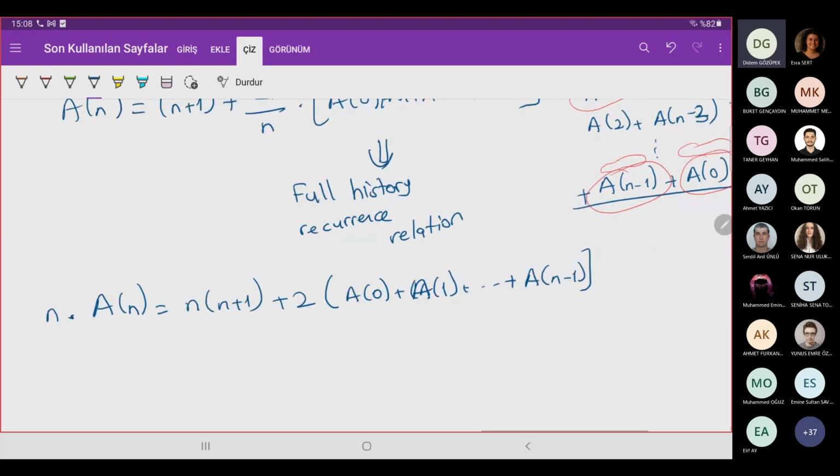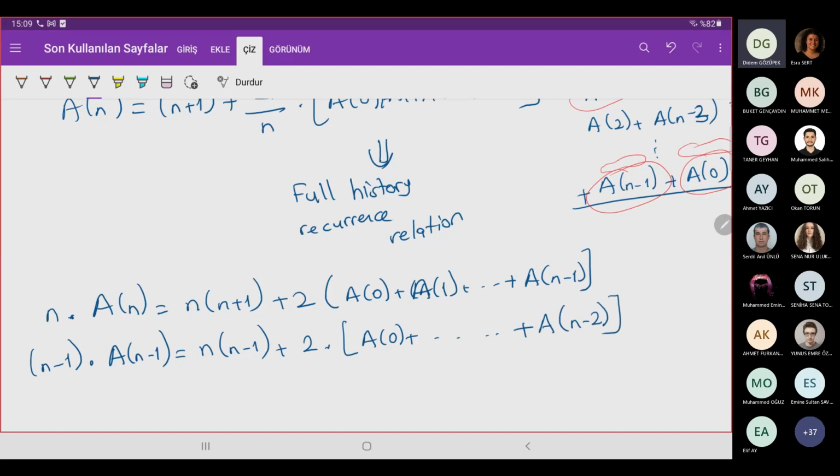And then I write (n minus 1) times A_{n-1}. So I replace n by n minus 1 and see what happens. This time it becomes n times (n minus 1) plus 2 times (A_0 plus ... until A_{n-2}).